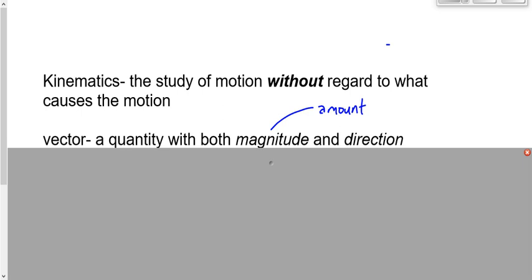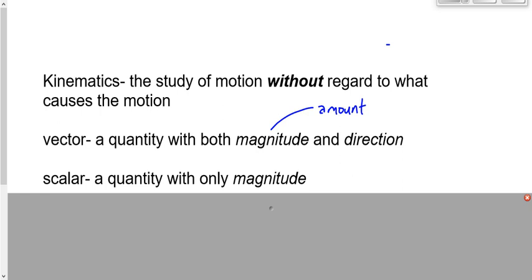A vector has both magnitude or an amount and a direction, versus a scalar, which has just magnitude. So if I said I was driving at 100 kilometers per hour, that would be a scalar. If I said I was driving 100 kilometers per hour to the north, that would be a vector. They both have magnitude, but vectors have magnitude and direction.